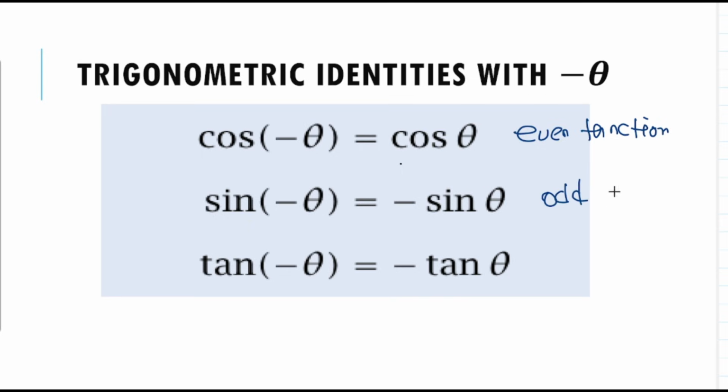Sine is an odd function, because sine minus theta is always equal to minus sine theta, and tan minus theta is always equal to minus tan theta. So tan is also an odd function. These are called the odd and even function identities.